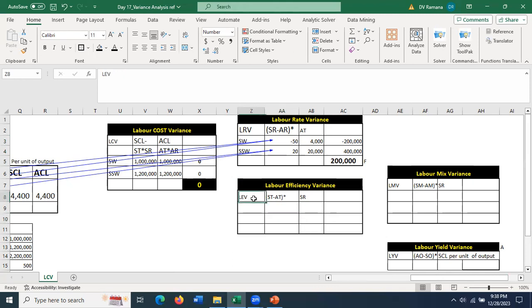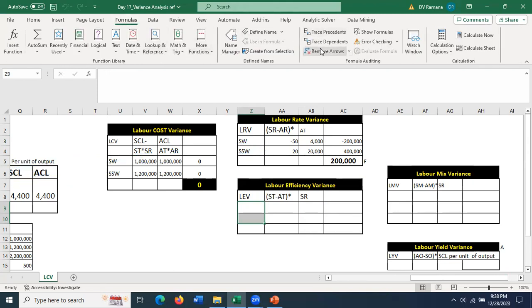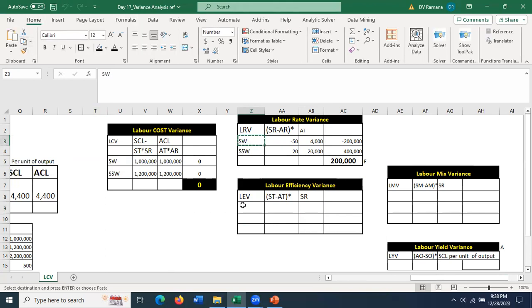Labor efficiency variance is the standard time minus actual time into standard rate. And it is always advisable to find it for each component, for each type of labor.